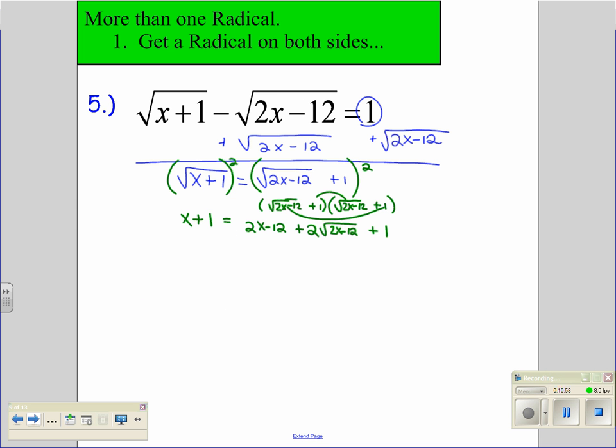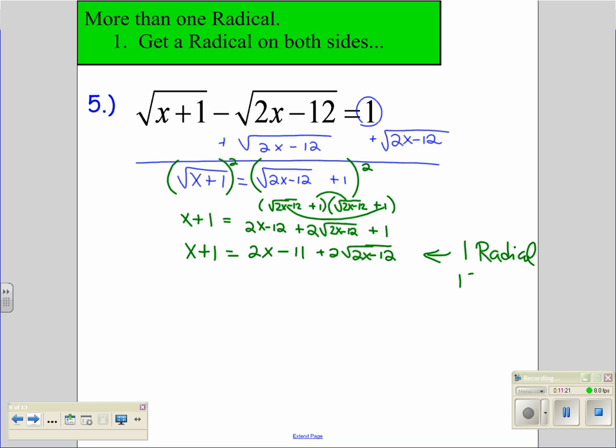I will simplify what I can. x plus 1 is equal to 2x. 1 plus negative 12 gives me negative 11, plus 2 square root 2x minus 12. Well, now I'm down to an equation with just one radical.